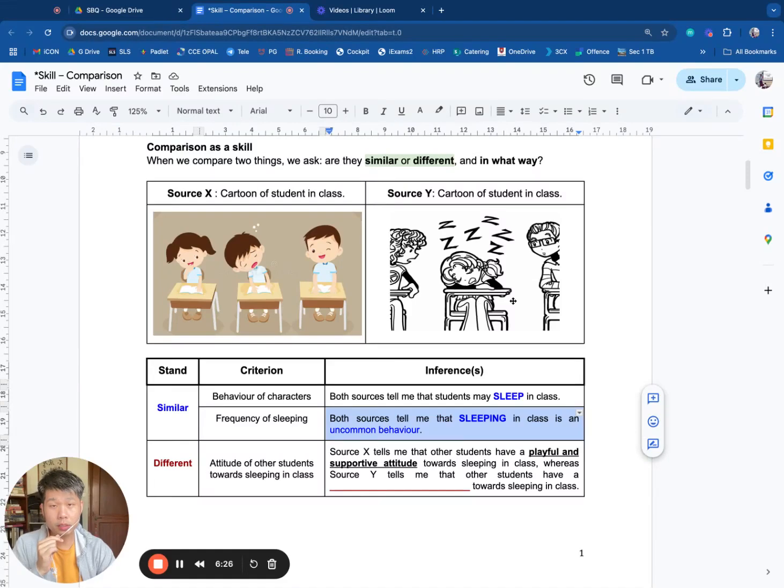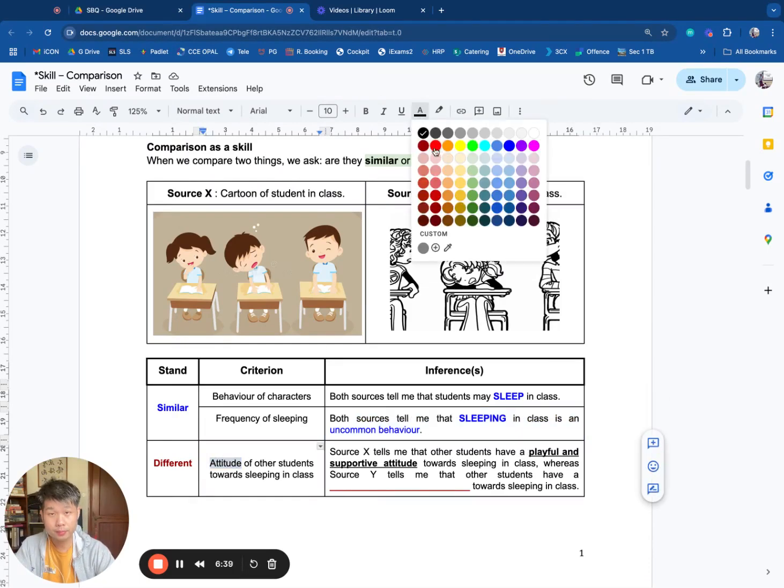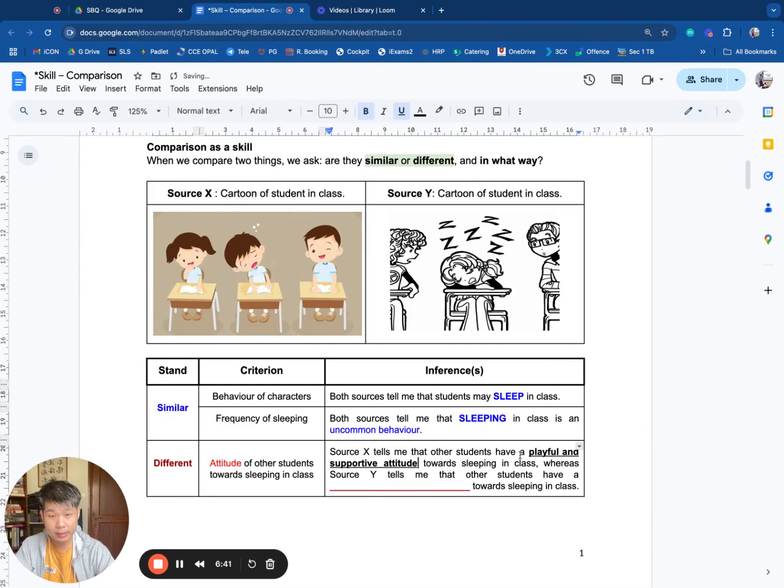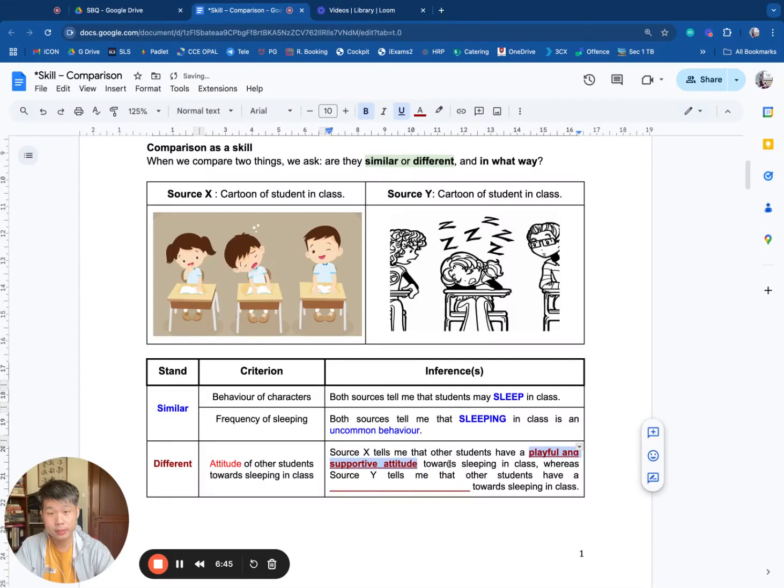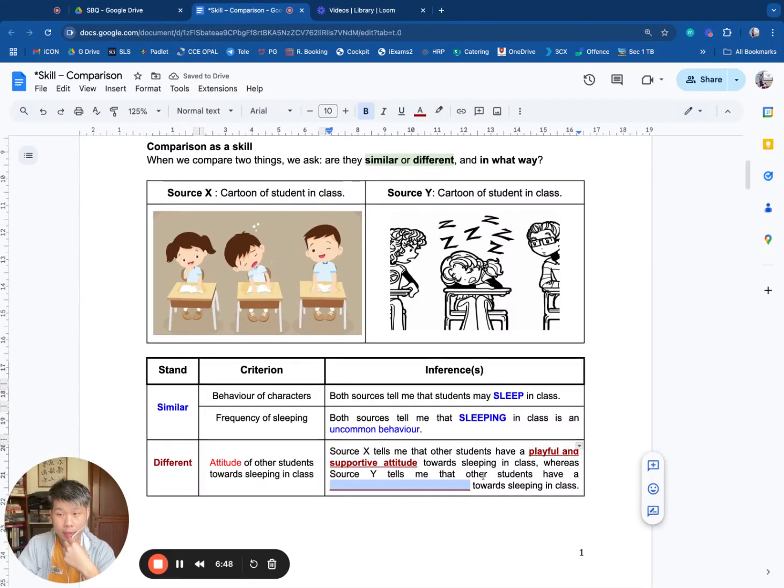And so, in source Y, the classmates are a bit more responsible. They are a bit more angry. They are a bit more unaccepting of the behavior, disapproving of the behavior. And therefore, when I think about the attitude of the students, I realize that in source X, students have a playful and supportive attitude, whereas in source Y, they have a what sort of attitude?